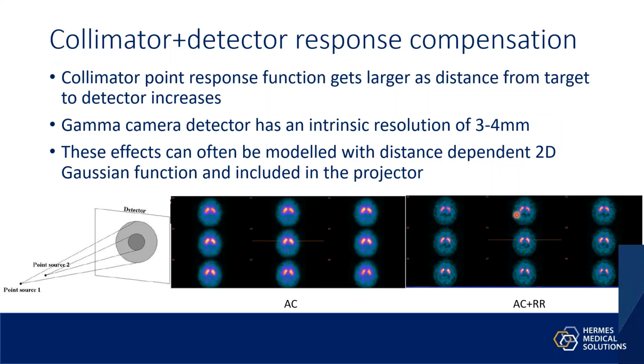The next compensation is the collimator and detector response compensation. This was the same image that Helen showed in her previous presentation, but you know that the further we go from the gamma camera detector, the bigger our point spread function will get, and this is mainly due to the collimator.